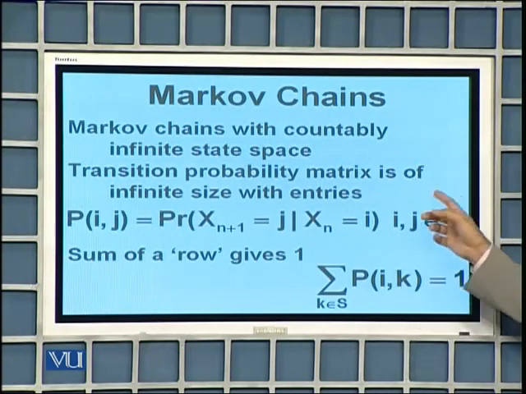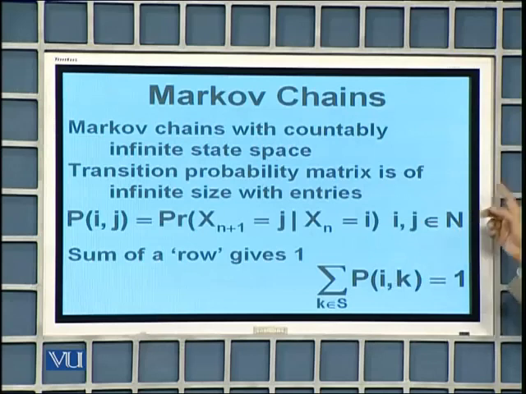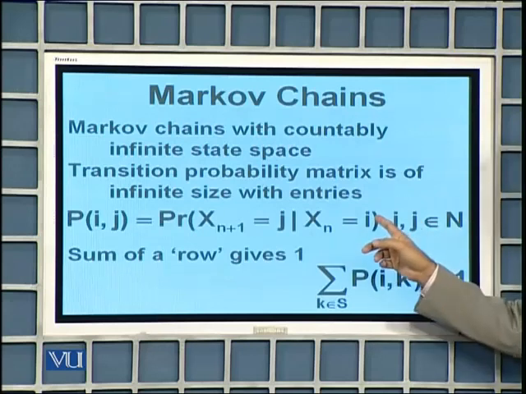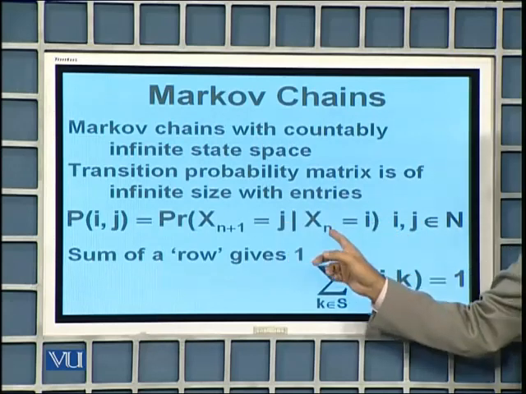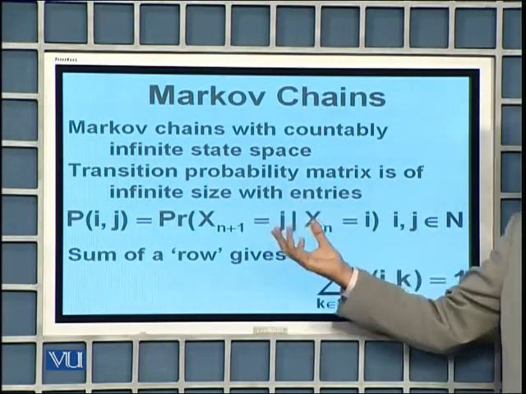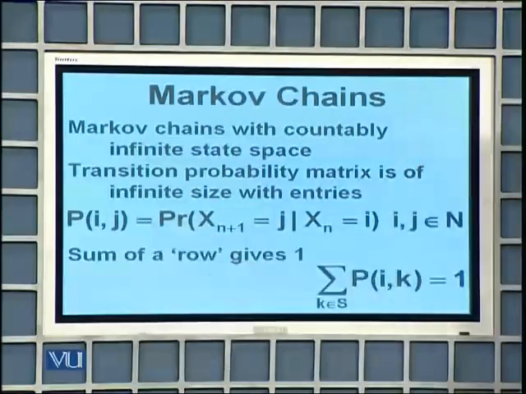So this set of states is countably infinite, and you move from state i to state j in one sampling instance, and you call this the transition probability.